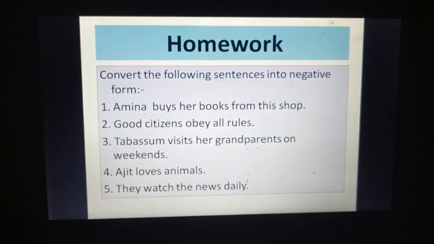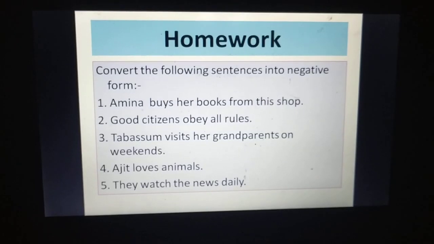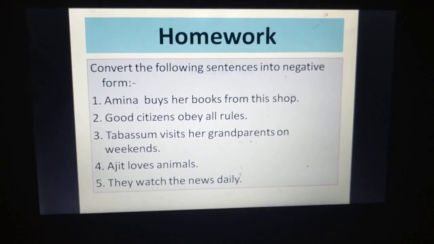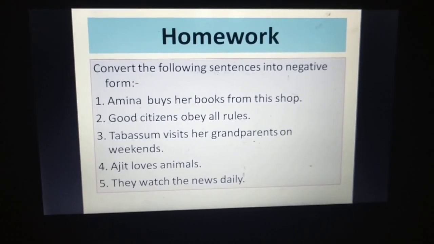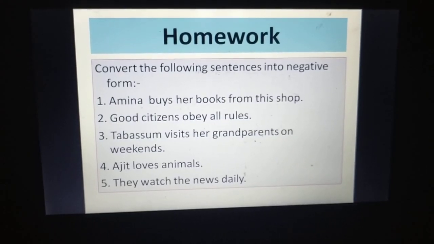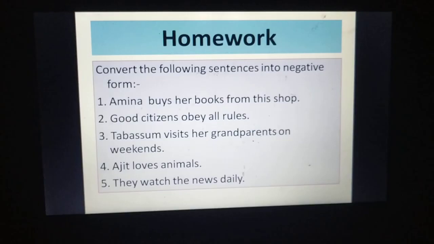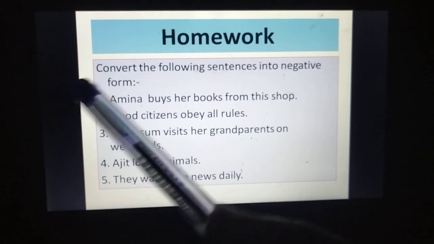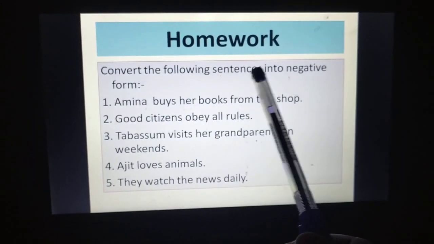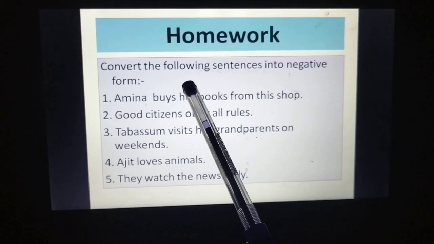As you all know, after the end of every lecture, I give you some homework. So it is homework for lecture number 5. Let's read the sentences. The homework is you have to convert the sentences into negative.